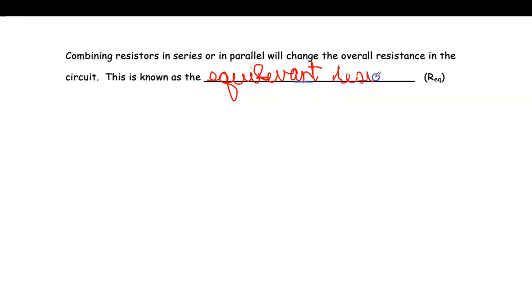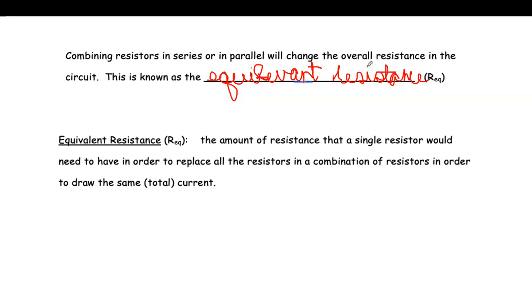If you're like, I don't even know how to spell that and I can't read your writing, that's totally okay. Turn the page, and there it is. The equivalent resistance is the amount of resistance that a single resistor would need to have in order to replace all of the resistors in that combination to draw the same total current.